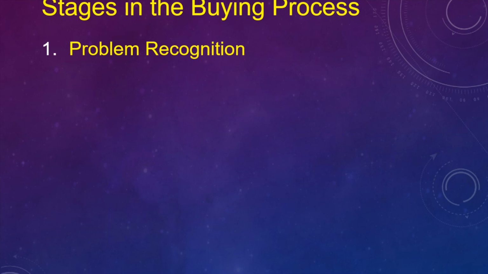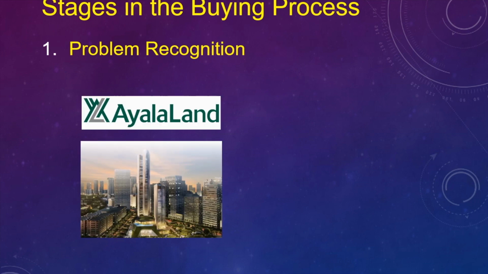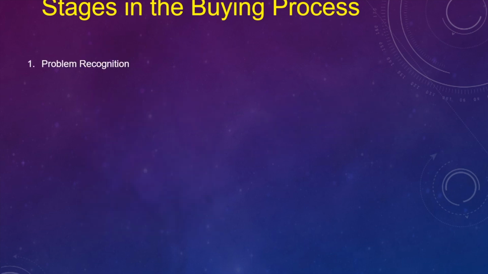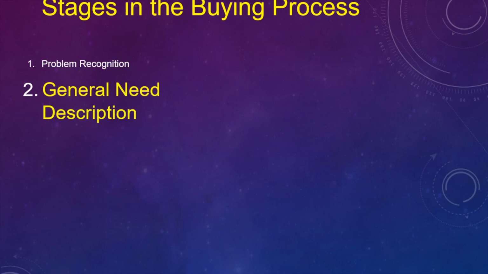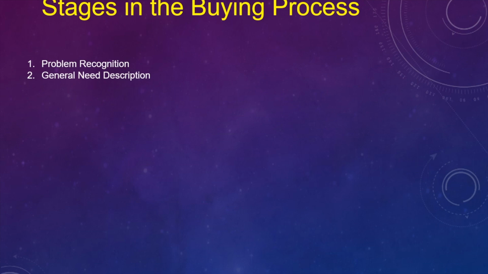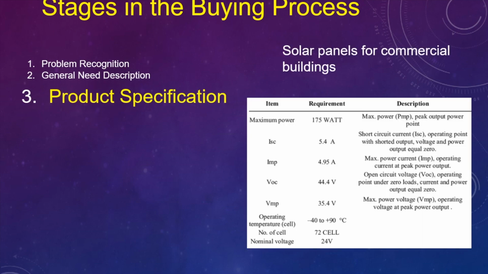problem recognition. Ayala Land is a well-known real estate developer promoting sustainability. The identified problem is improving the energy efficiency of its commercial buildings. Step 2 is general need description, which is the need for installation of solar panels. Step 3 is product specification, wherein details and requirements are laid out.